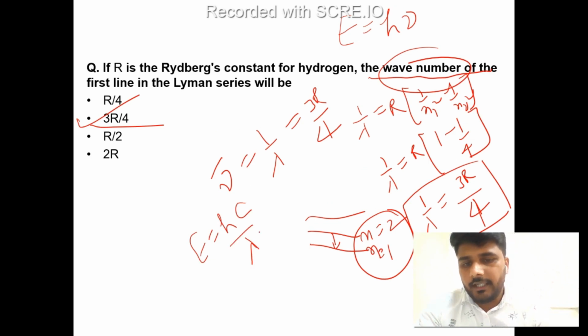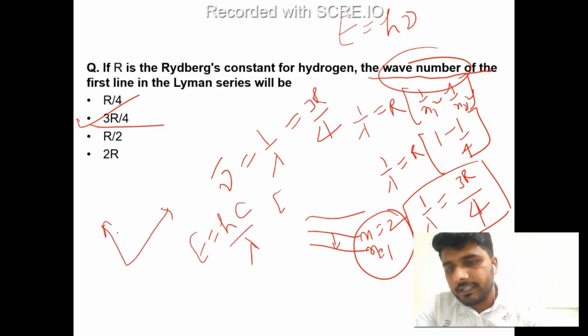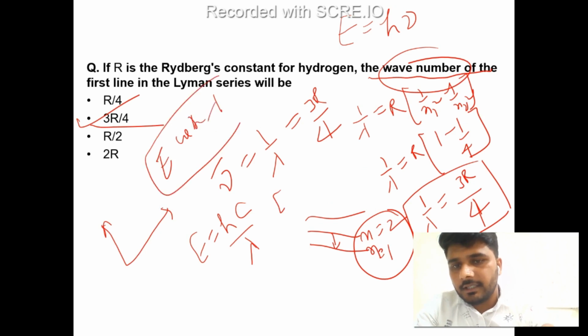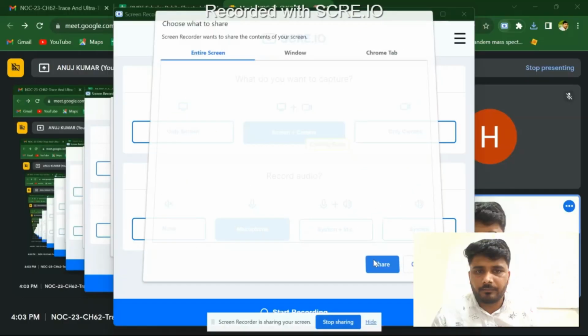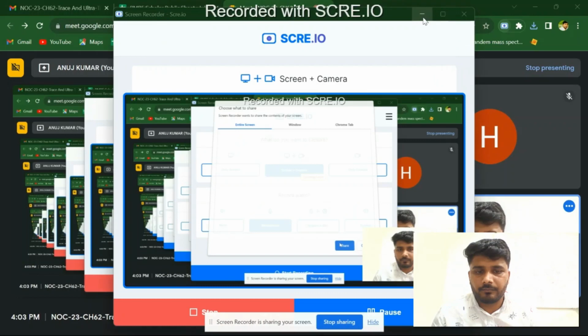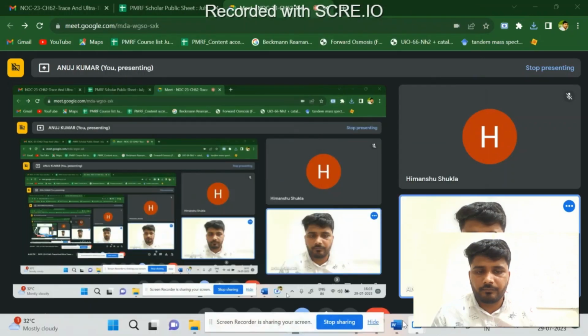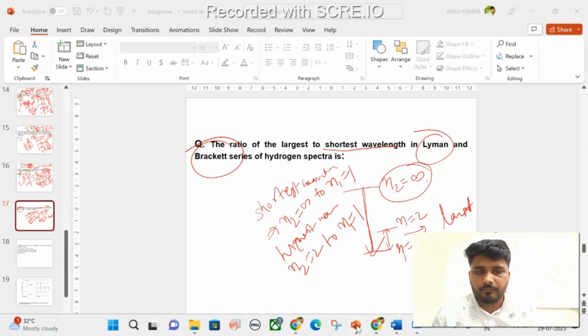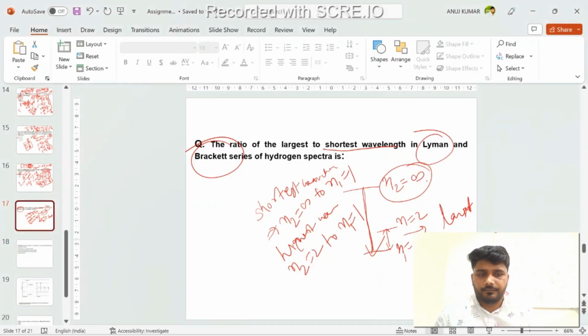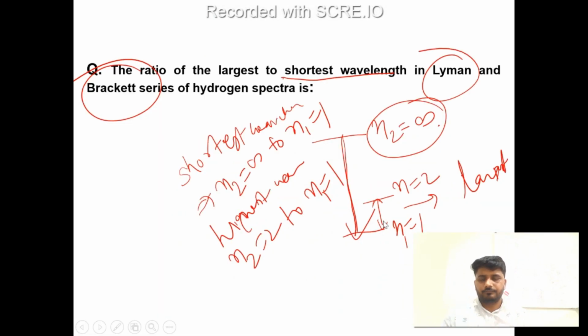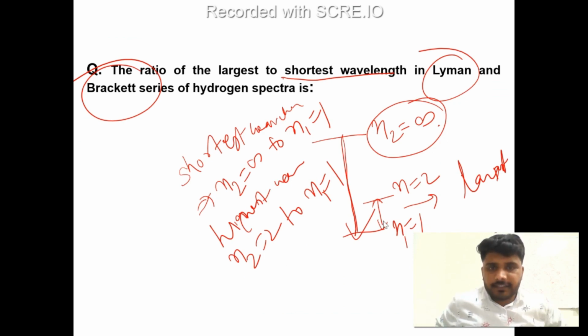So if I am observing some variation of E with respect to lambda, it will be a reciprocal. Have you got my point? What I explained?